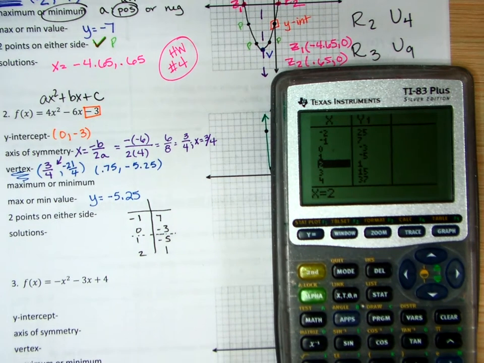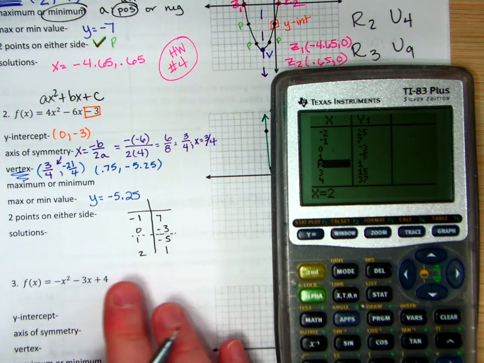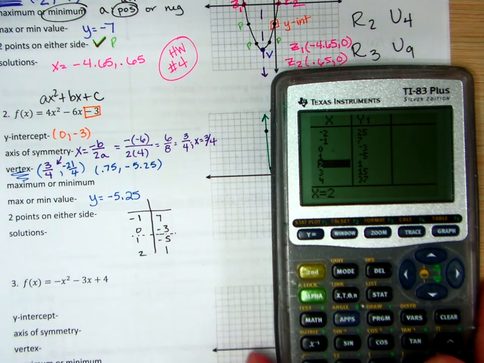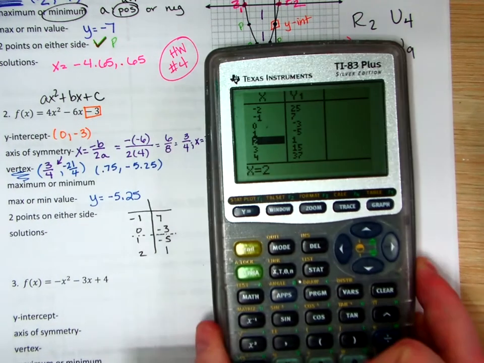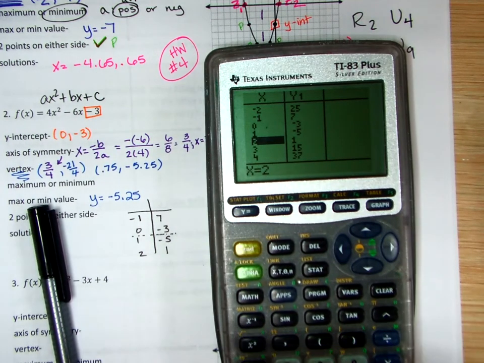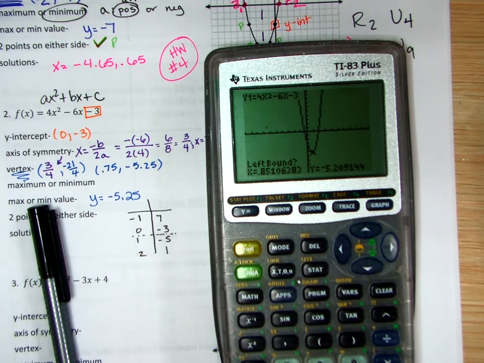So that gets me some points. If you can't find pretty points, just writing them out on a table is totally cool. Solutions, I need to go calculate them out, which are also points on the graph. So remember to calculate your solutions. You need to go second calc. You're going to calculate a zero.